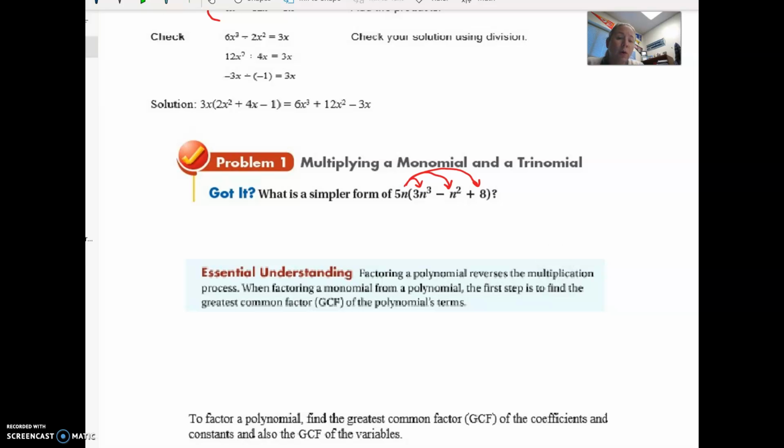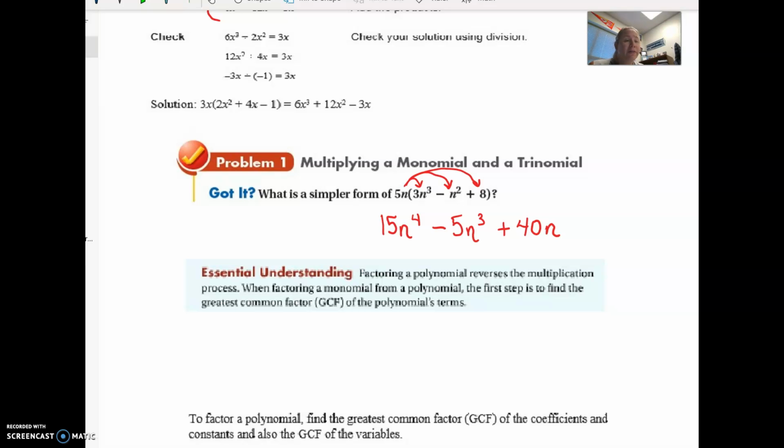So this would give me 15n to the 4th power, because I know there's a 1 there. Bring that minus sign down. Then I have 5n to the 3rd power. Bring that plus sign down. 5 times 8, so we have 40n. So there is my trinomial, and we used the distributive property to get that solution.